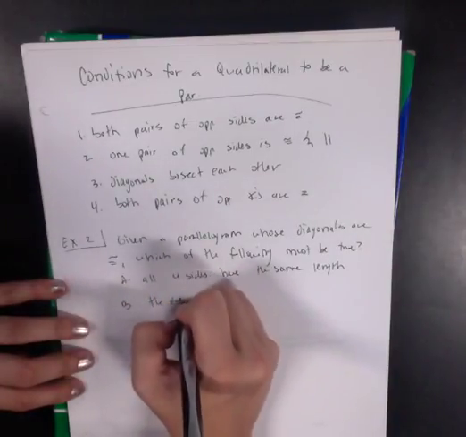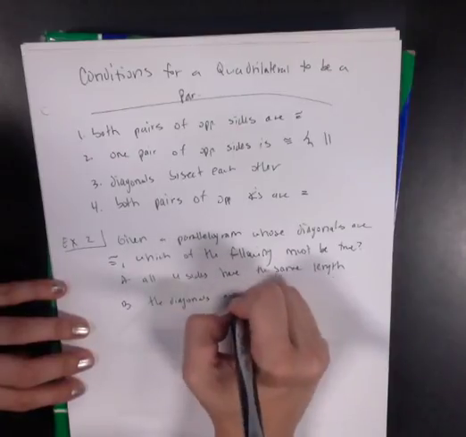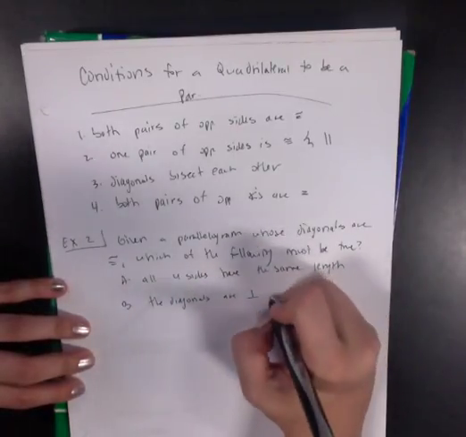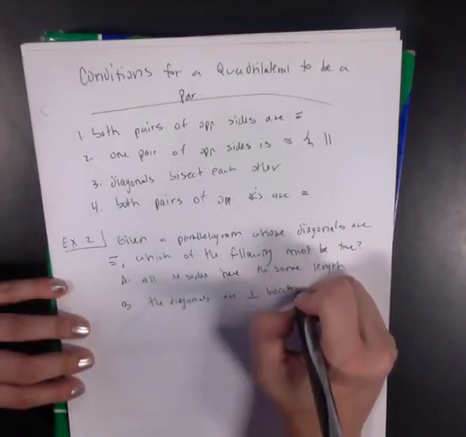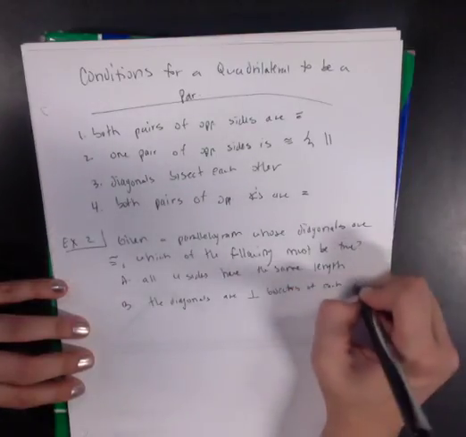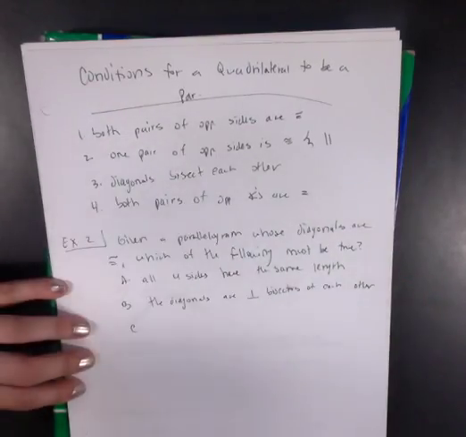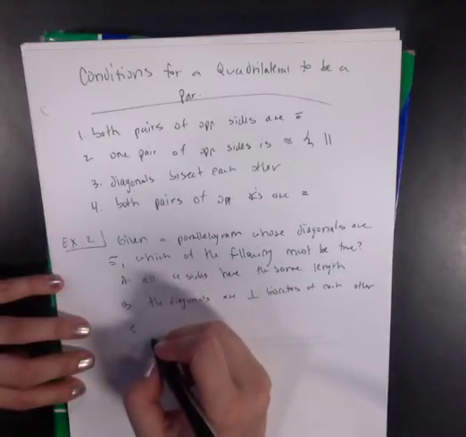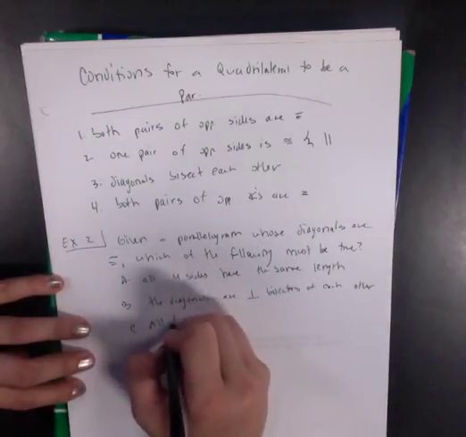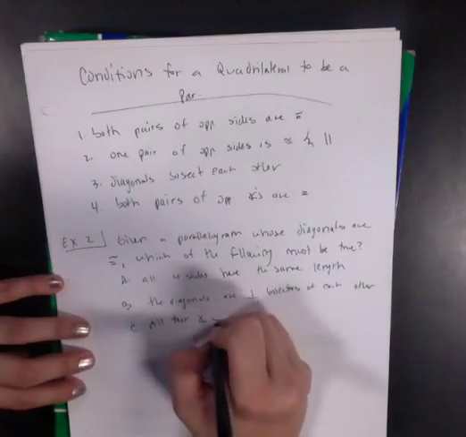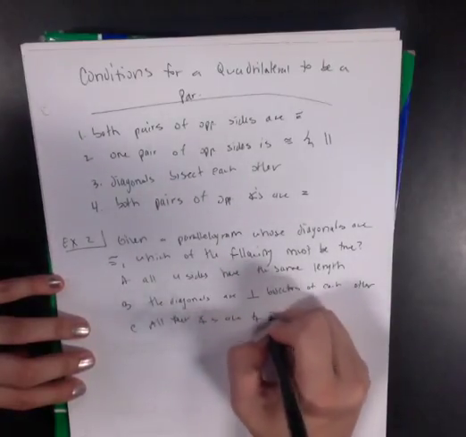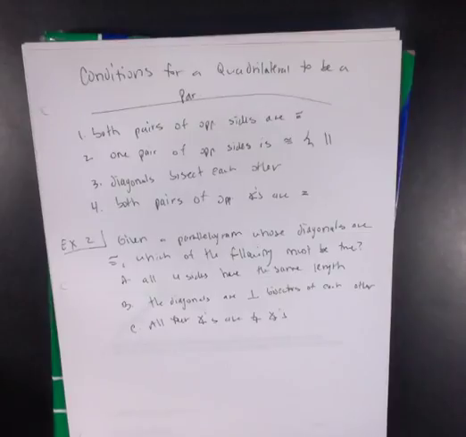B, the diagonals are perpendicular bisectors of each other. Or C, all four angles are right angles.